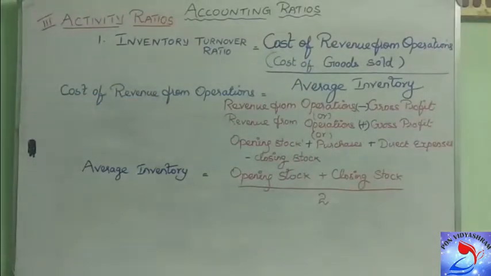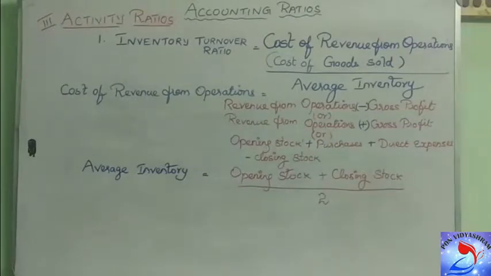Inventory turnover ratio establishes a relationship between cost of revenue from operation, that is cost of goods sold, and average inventory carried during the year. The main objective of computing this ratio is to ascertain whether investment in stock has been judicious or not, that only the required amount is invested in stock.